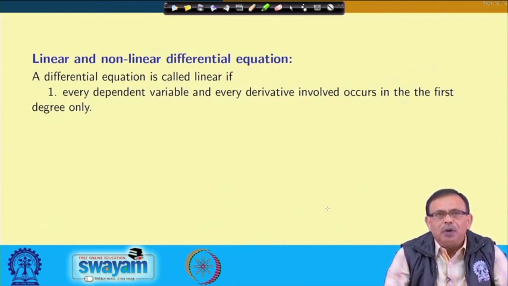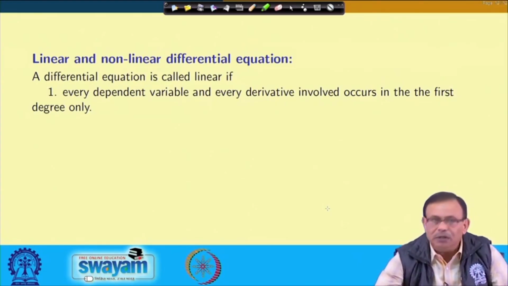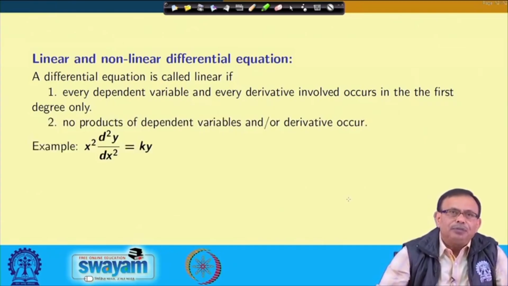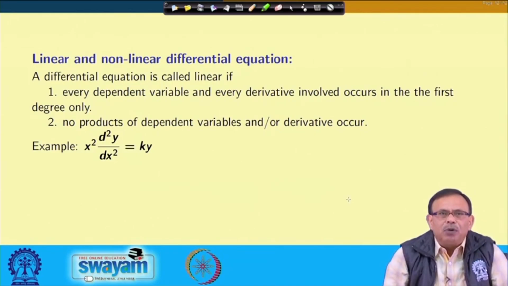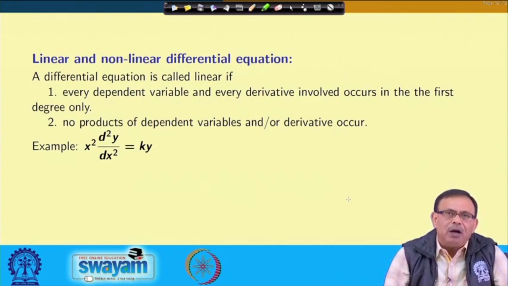You please note this one. Number 2, no products of dependent variables and/or derivatives occur.